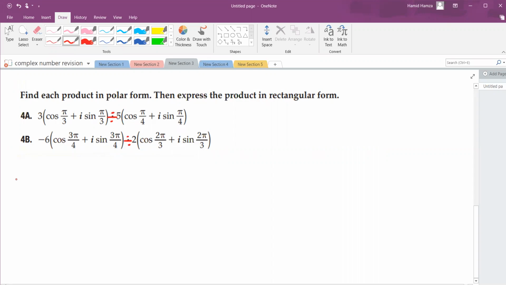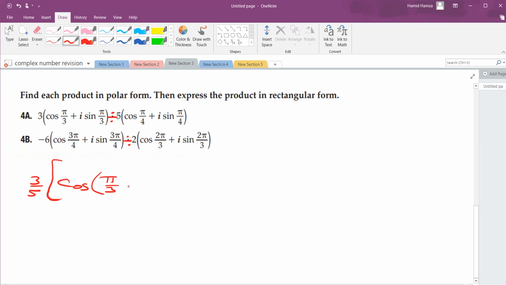So the first one will be 3 divided by 5, 3 over 5, and cosine of pi over 3 minus pi over 4.